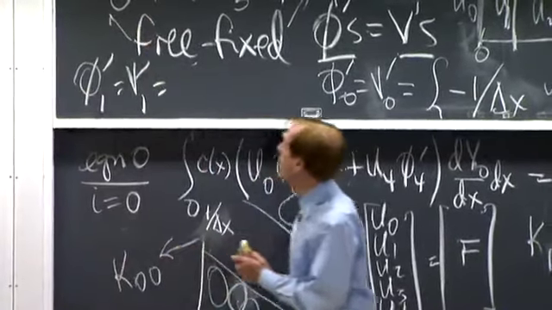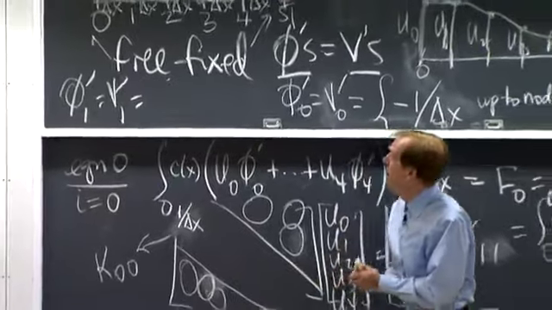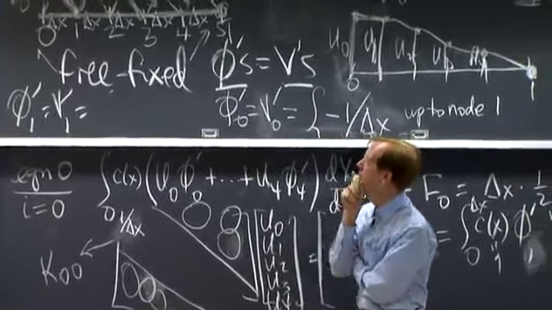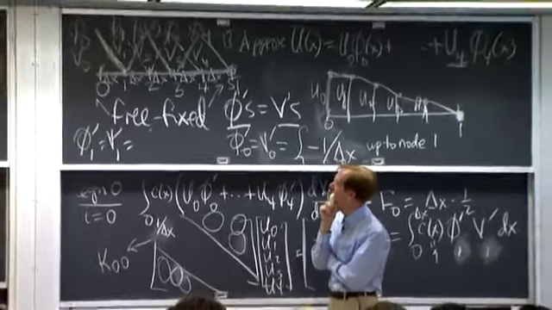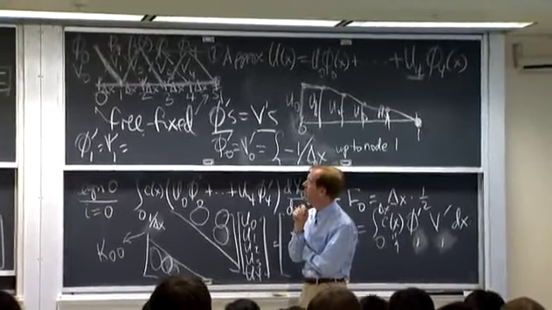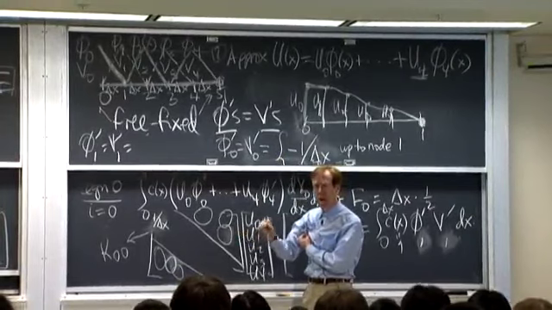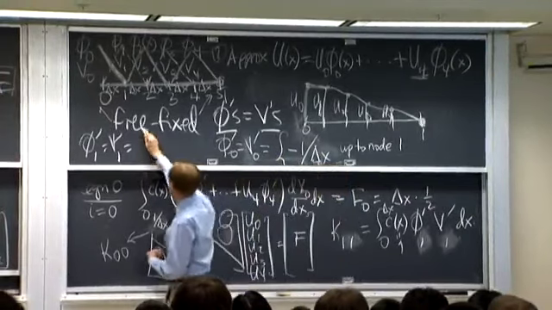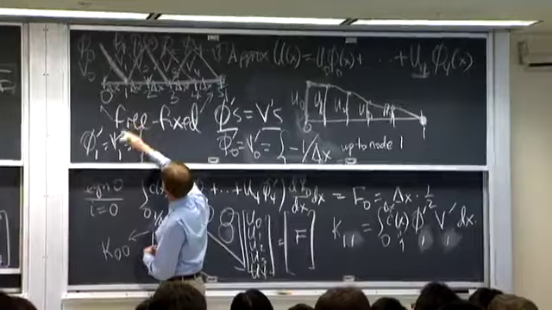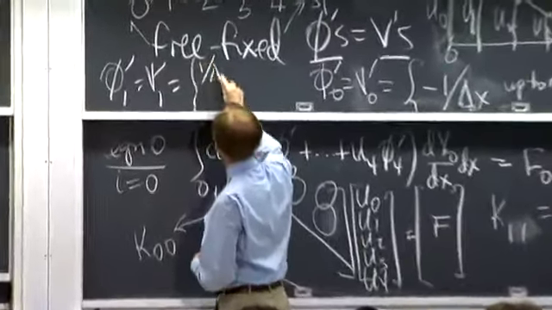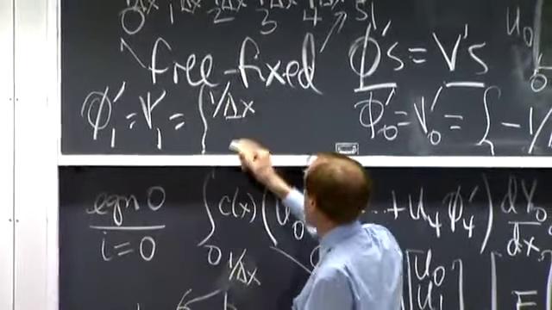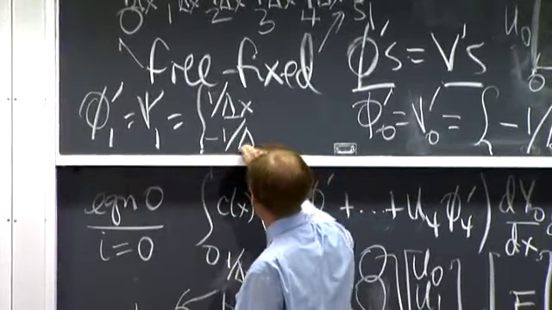What's the slope of this function? It goes up and goes back down, right? I have a plus part, so the slope going up is 1 over delta x, and then the slope coming down is minus 1 over delta x.